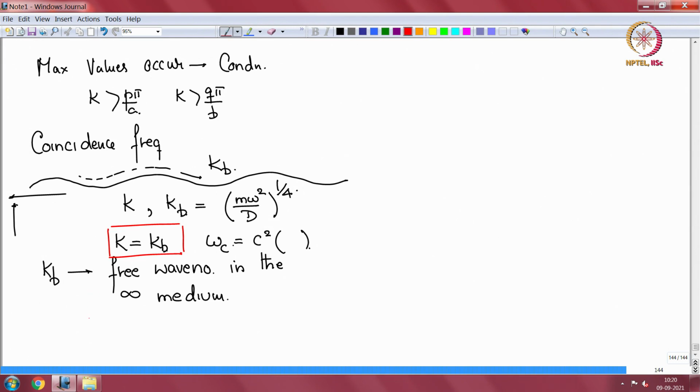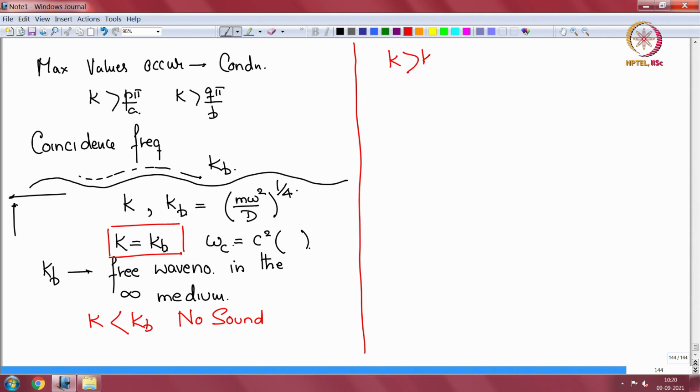So k less than kb, it is absolutely no sound. And k greater than kb, suddenly sound, the far field. So it's a 0-1 situation. This is what we'll call the infinite panel or plate coincidence.